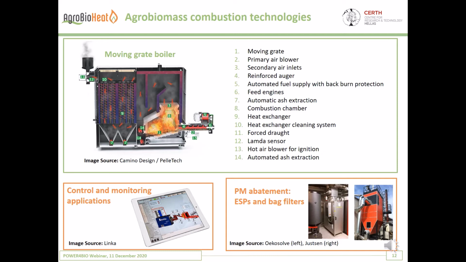Now, with agrobiomass, it is always the case that some kind of manual intervention is unavoidable because of the nature of the fuel. You have ash, for example, and that would need some cleaning from time to time.